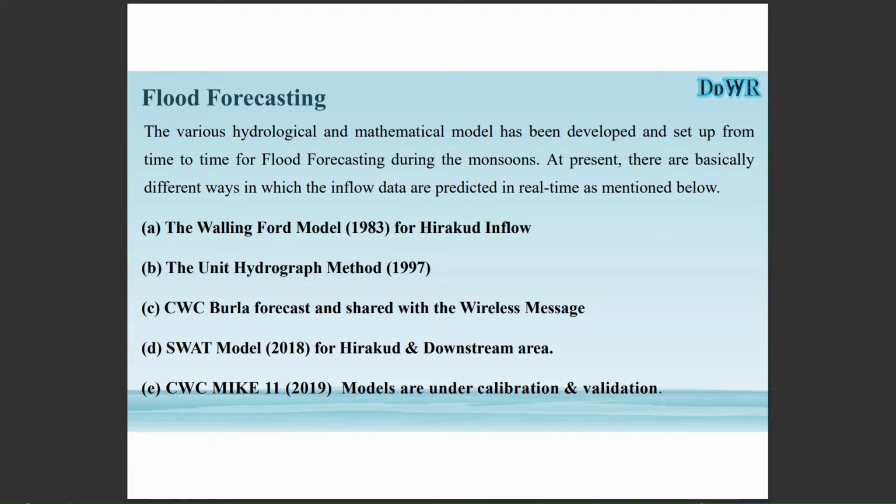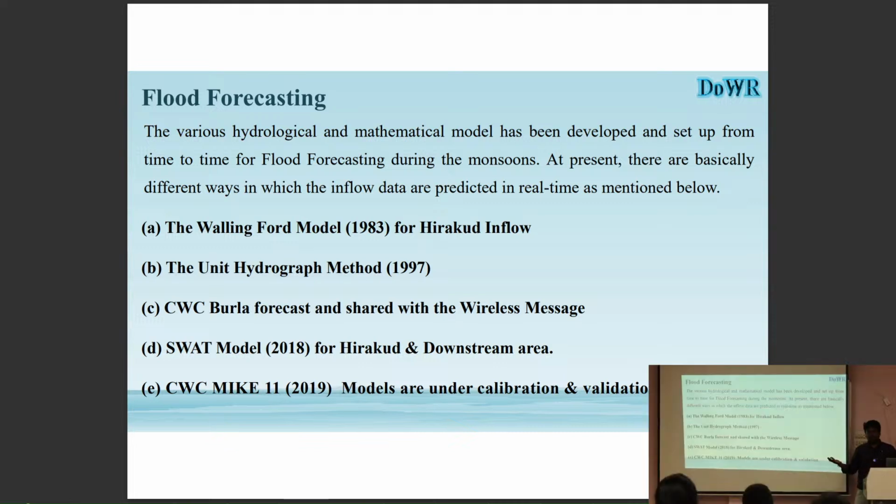It was established in 1983, though it took some time for calibration with the old data. Sometimes it matches, sometimes it under-predicts, sometimes it over-predicts. But from 1993 onwards, it can give us very accurate results, more than 90% accuracy.